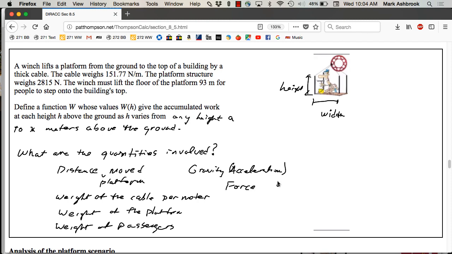The force. Yeah, so the upward force on the platform? Okay. What else? There's another hand back here. So that's the same as the force in the cable. Yes, sir. Ma'am, sorry. Distance the cable has moved.